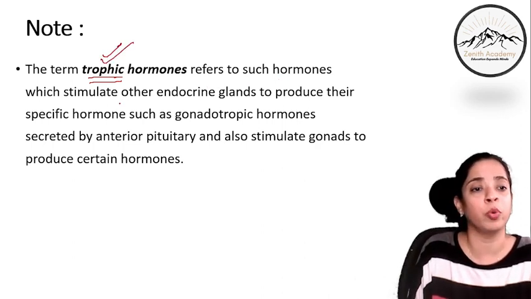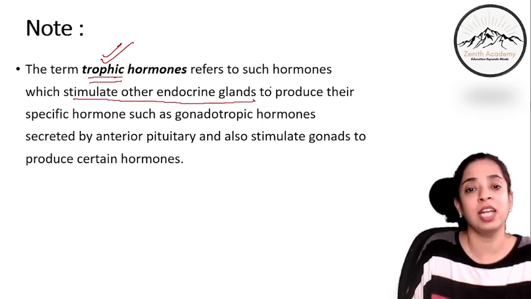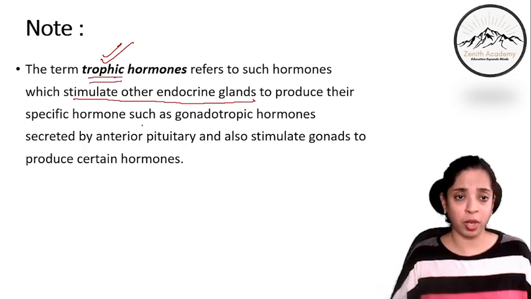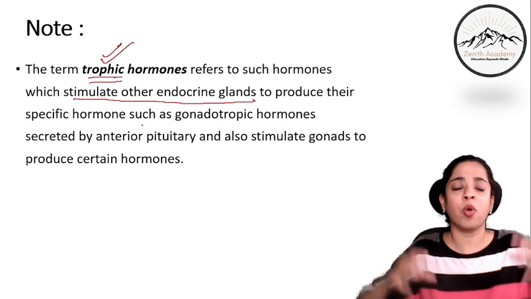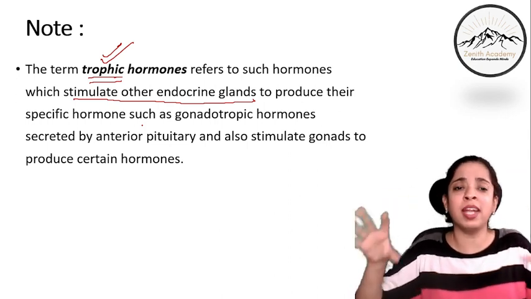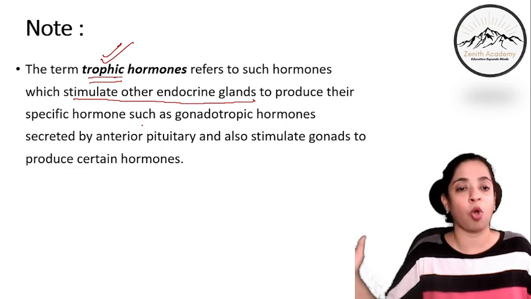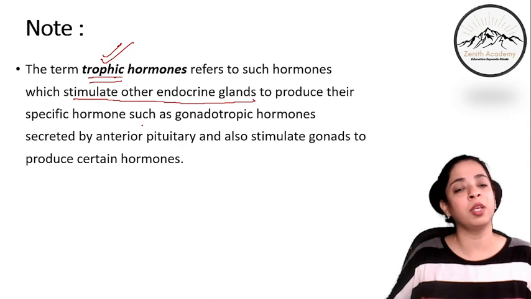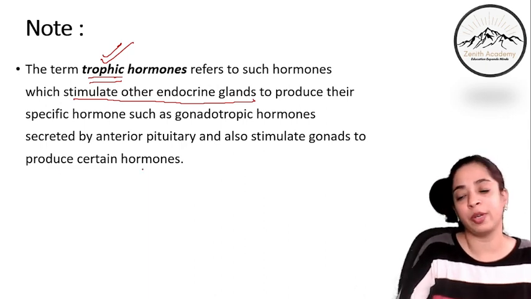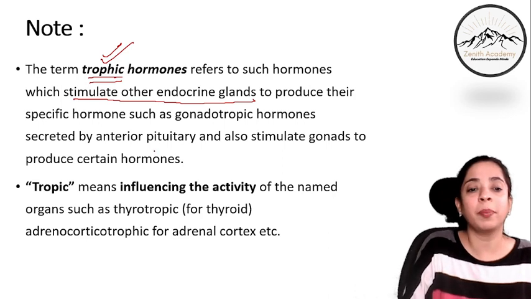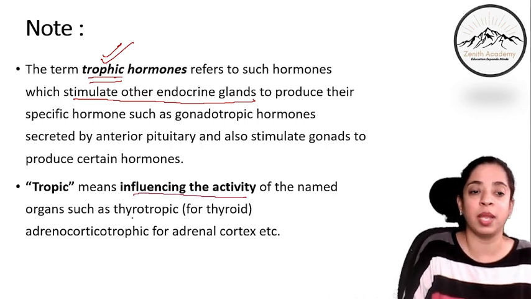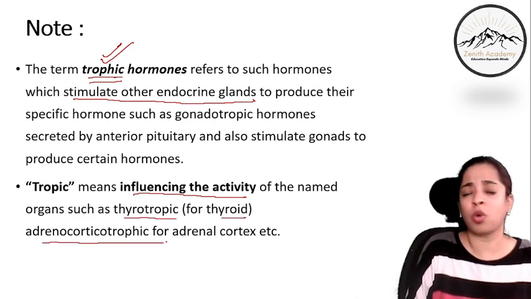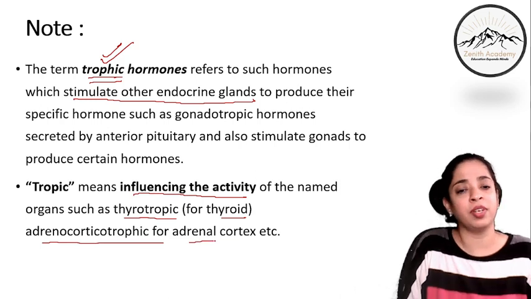It refers to such hormones which stimulate other endocrine glands to produce their specific hormones, such as gonadotropic hormones secreted by anterior pituitary, which also stimulate the gonads to produce certain hormones. Now, tropic means influencing the activity of the named organs, such as thyrotropic for thyroid, adrenocorticotropic for adrenal cortex, etc.